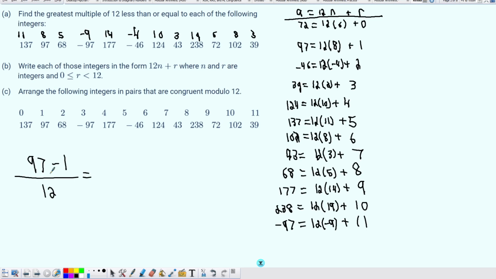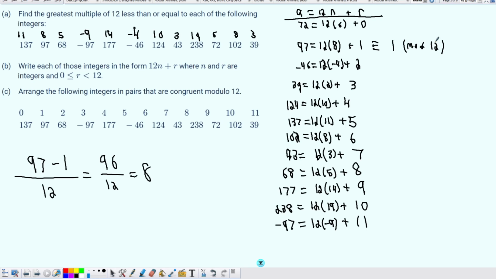Well, that is going to be the same as 96 over 12, which is 8, an integer. So that shows the congruence. So I know that 97 is congruent with 1 mod 12.